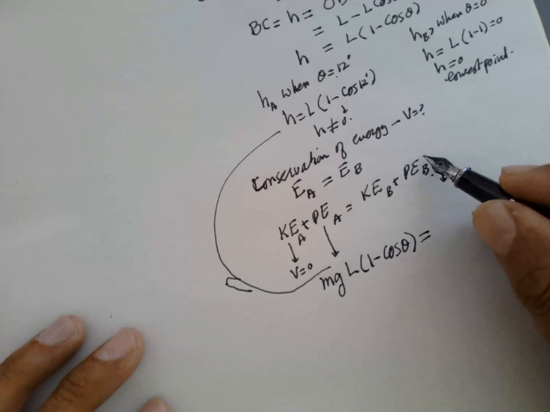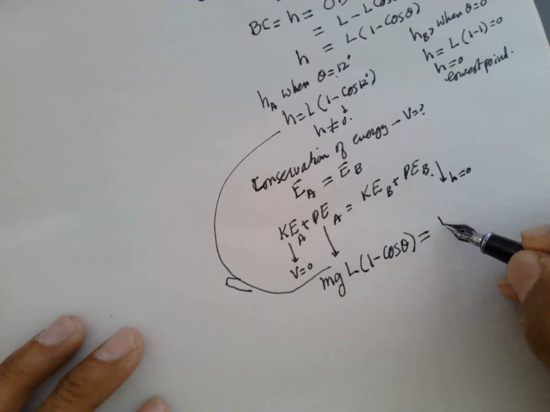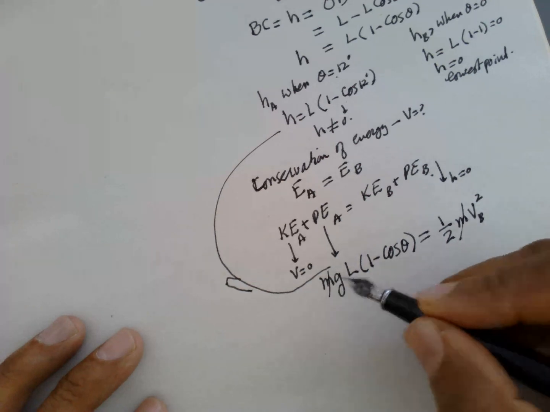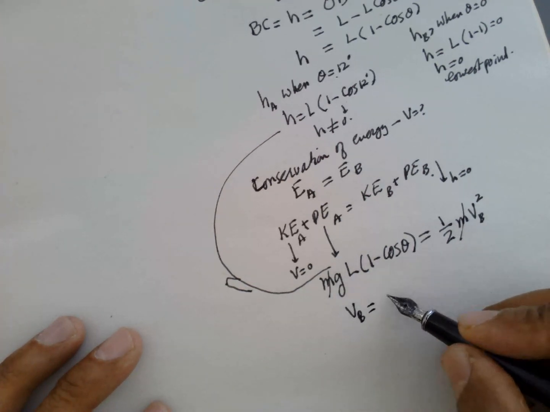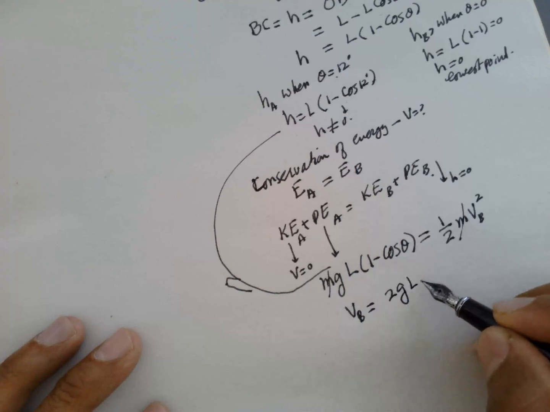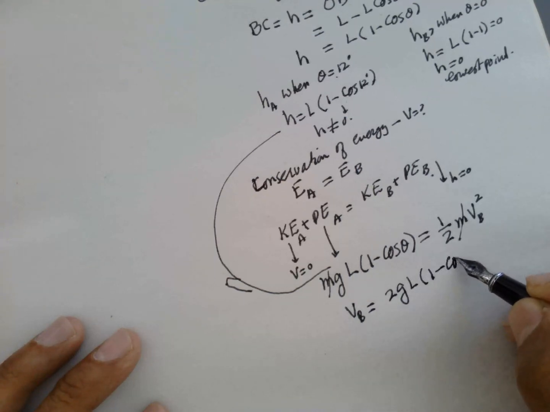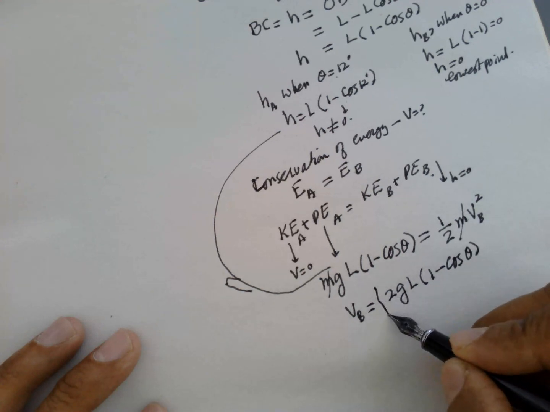So potential energy is 0, and half m v B square. M cancels. So v B is equal to the square root of 2 g L into 1 minus cos of theta.